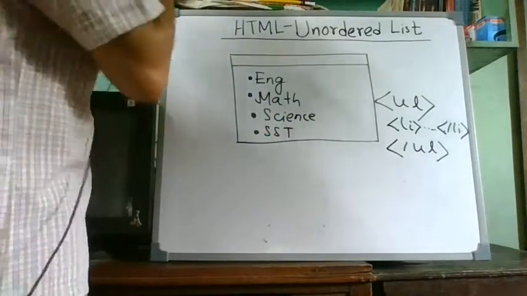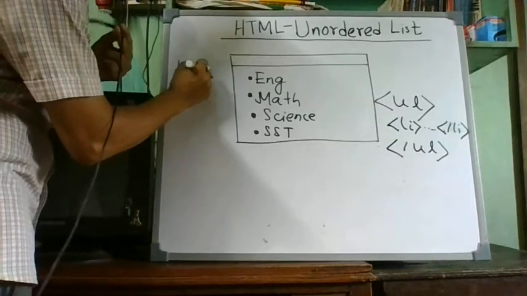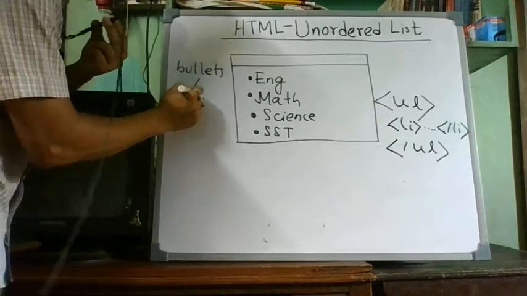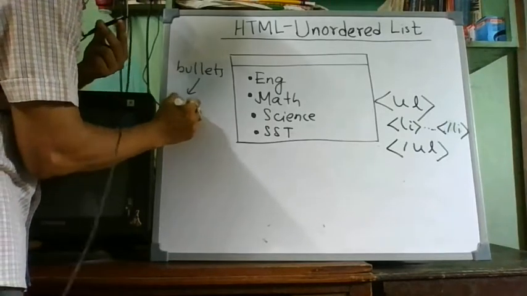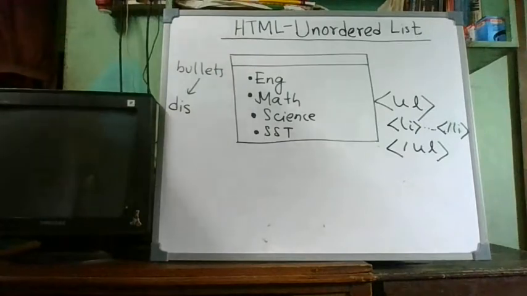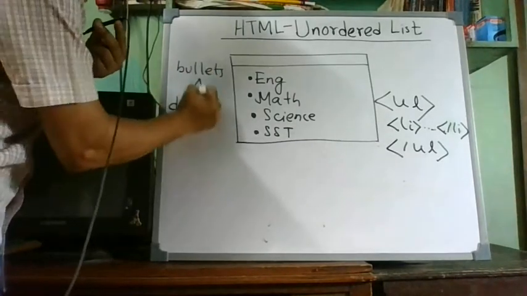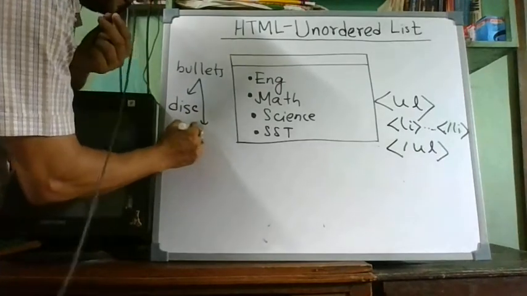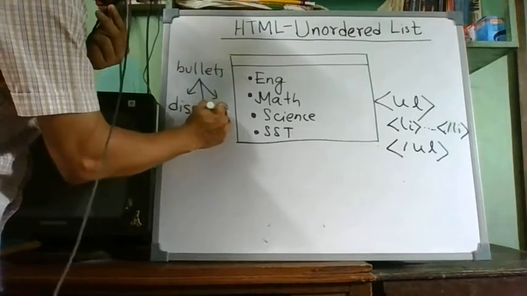In HTML, for the UL tag there are three kinds of bullets. One is disk, second is circle, and third is square.